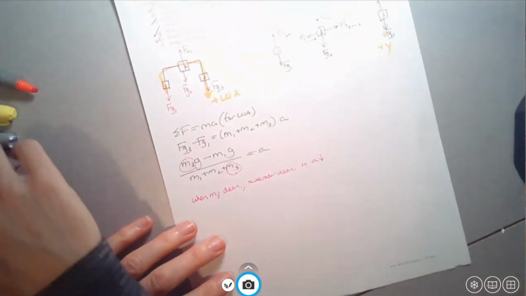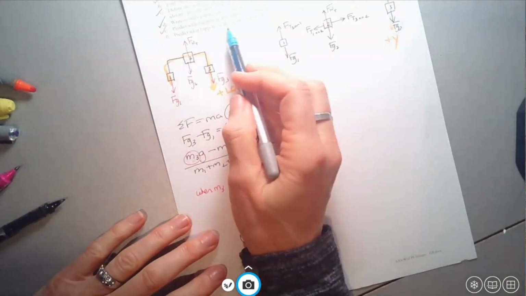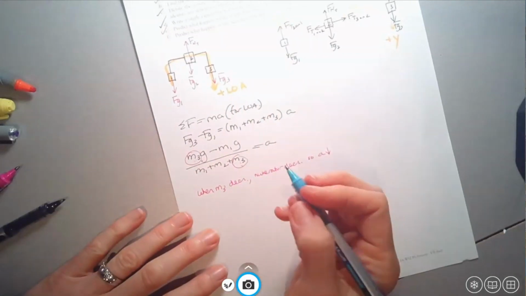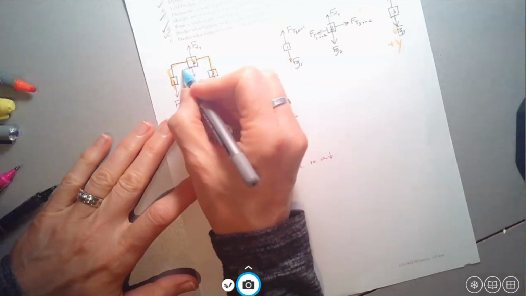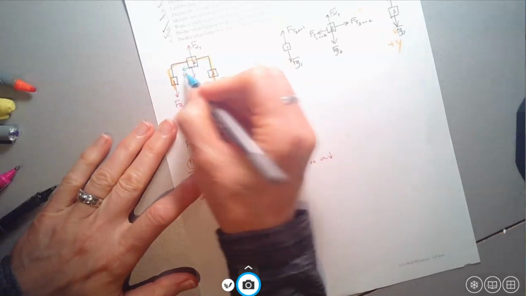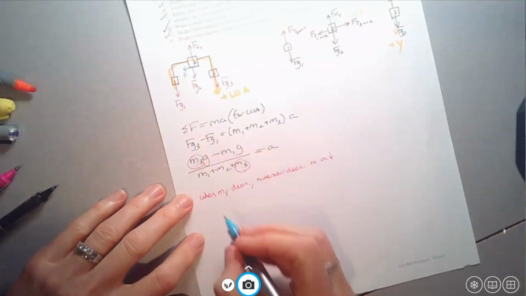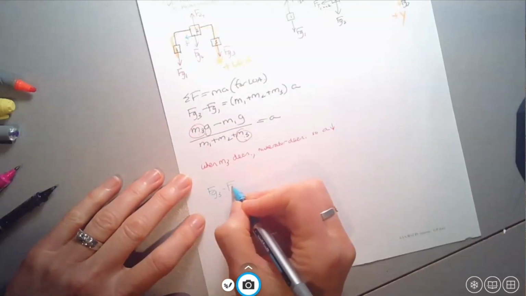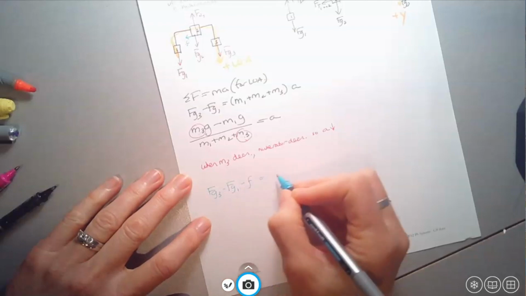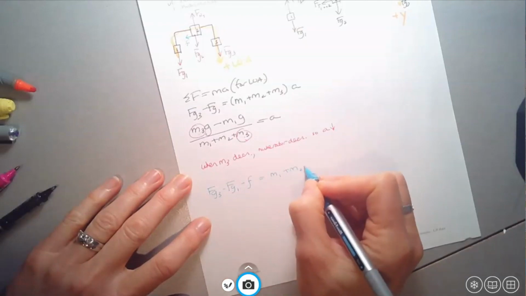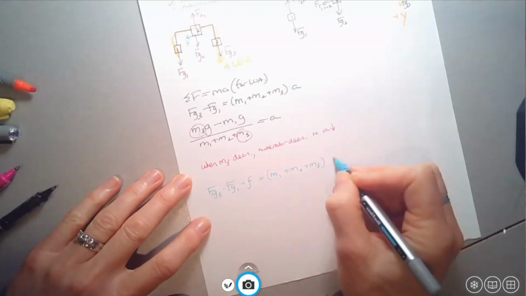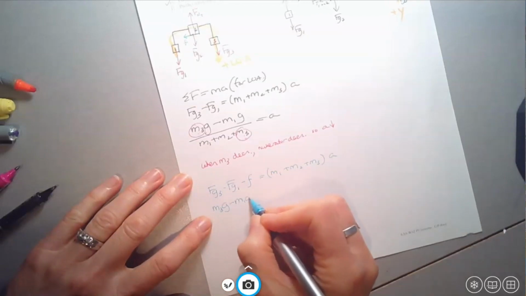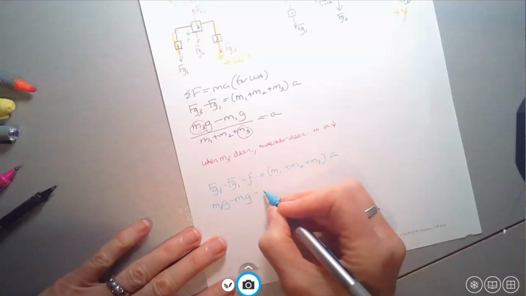Okay? And then for the last one, what if we don't ignore friction? What's going to happen? Well, where would friction play a part? Friction would add in right here, opposite the direction of motion, which would mean that now my expression changes to m3g minus m1g minus friction. Friction here.